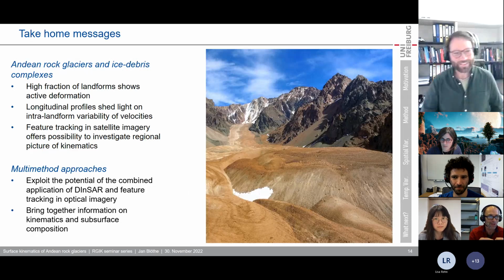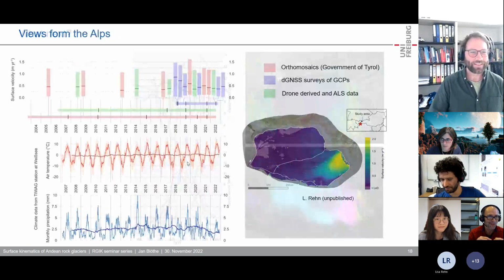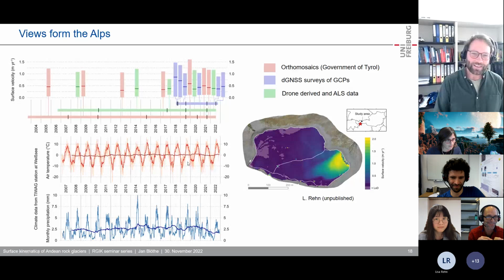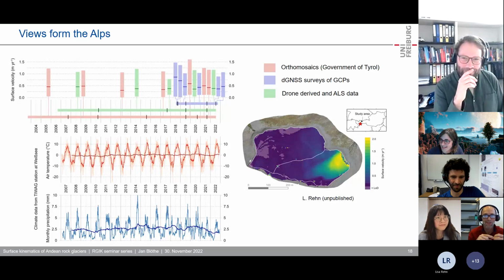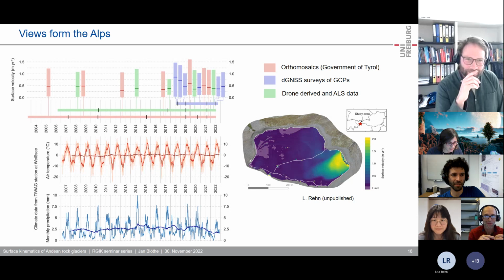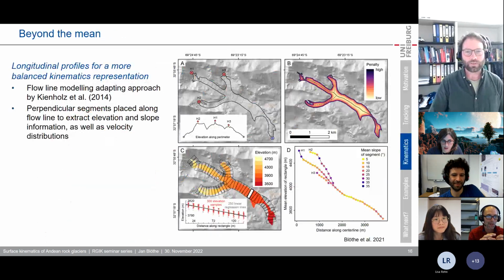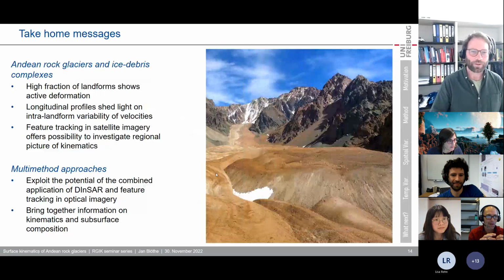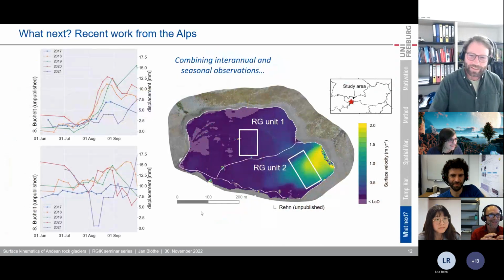So for this rock glacier in Austria. Okay. So this one, yeah, stop. Yeah. Now, the time series you presented just before. The seasonal one. The seasonal one. Sorry for that. Yeah, no worries. It's always difficult with online seminars. So this one here. Yes.